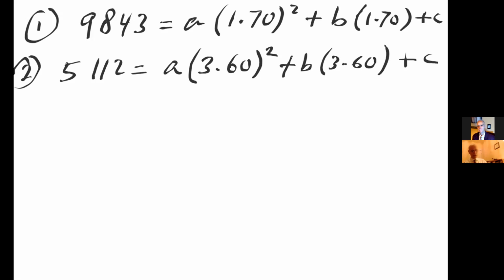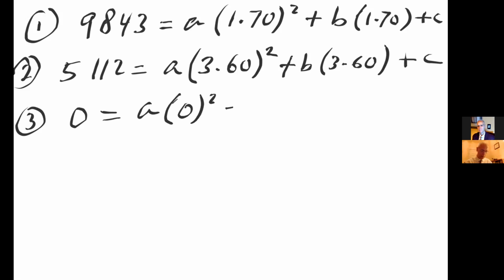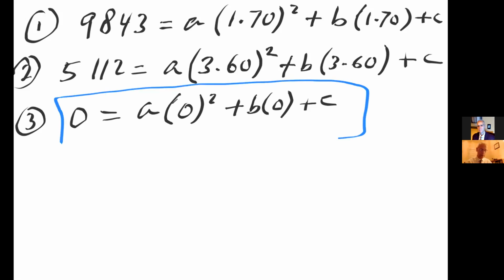Okay. And finally, equation 3, we know that there was no revenue. The revenue was 0 when the price was 0. So a times 0 to the second plus b times 0 plus c. And notice that the last equation is very helpful because now I know c equals 0.